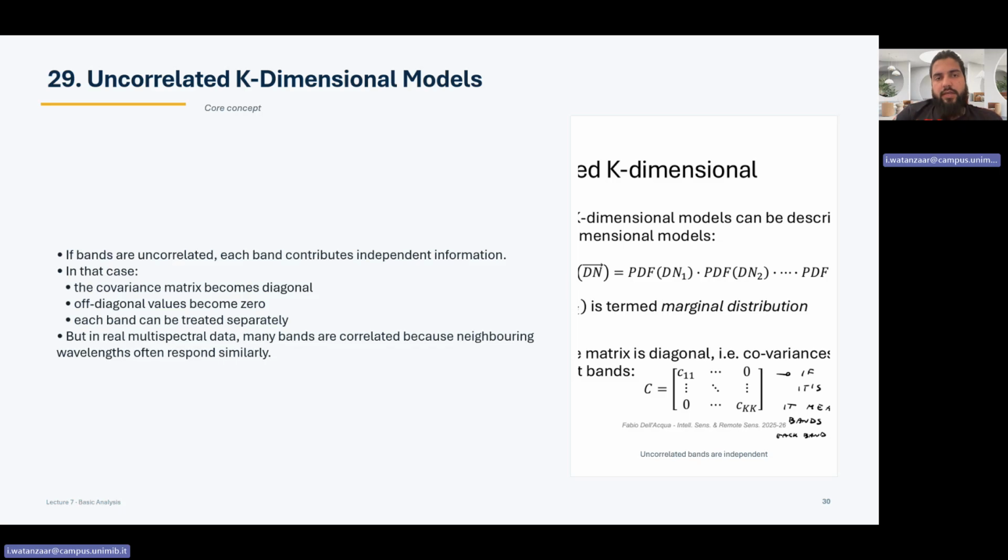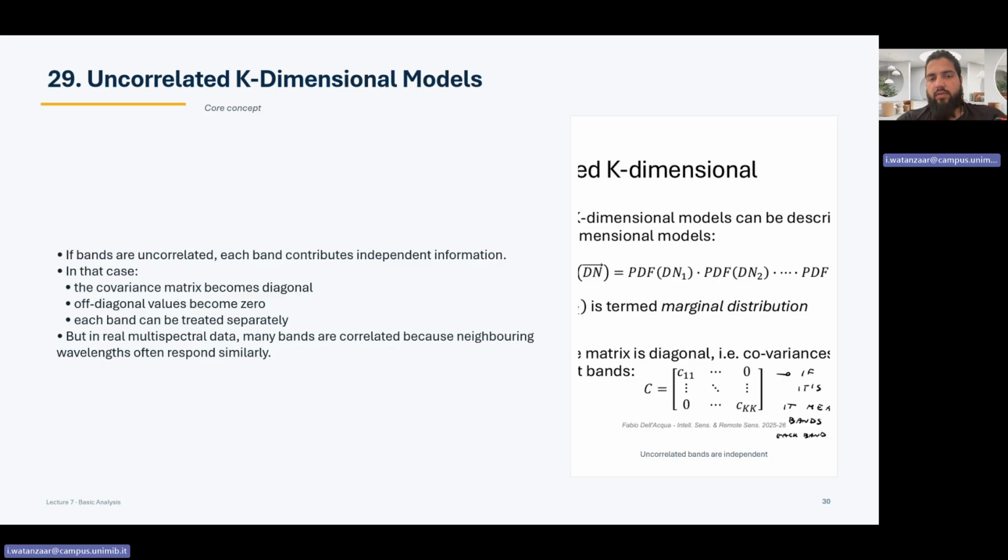Let's go to the next topic in the multivariate analysis, which is really important: uncorrelated k-dimensional models. As the name makes clear, it means the bands are uncorrelated. As we discussed, zero means no linear relationship.